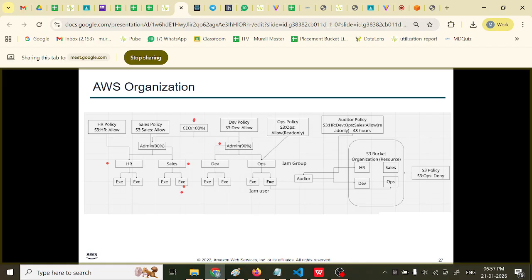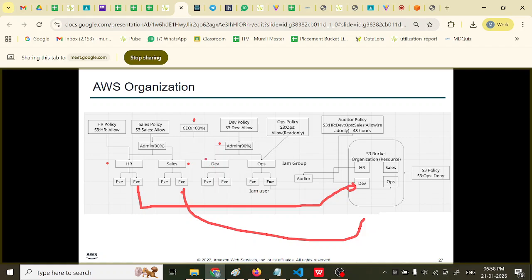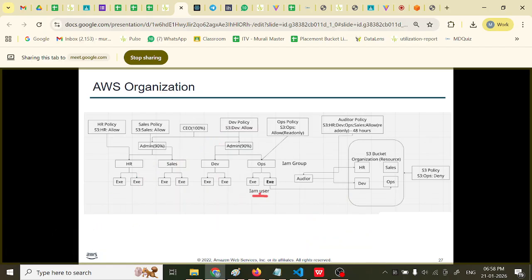These executives can access the S3 bucket, HR folder, dev folder, sales folder, operations folder according to their roles. If an HR executive wants to access the development folder, then the developer policy should be attached to the HR executive, and he will automatically be able to access it.